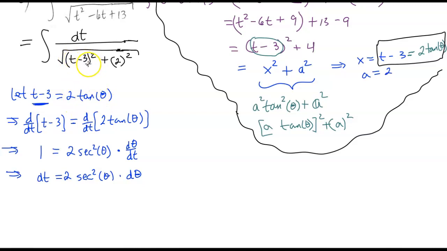I'll just write it because it may be better for me to write it than to say it. So here, if I have square root of t minus 3 squared plus 2 squared, and I replace that t minus 3 with 2 tangent theta.